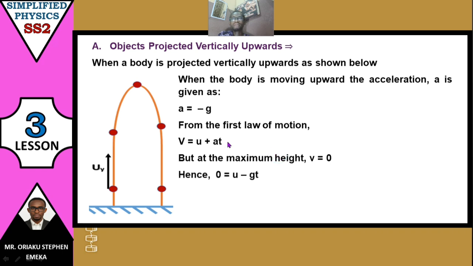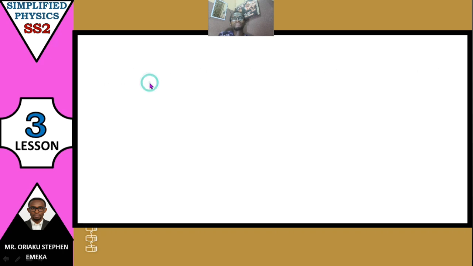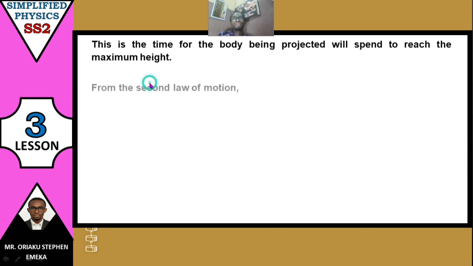So if you put that into this equation, 0 is equal to u minus gt, since acceleration is minus g. It means that gt is equal to u, and our t is equal to u over g. This is the time it will take for the body to go to the maximum height.